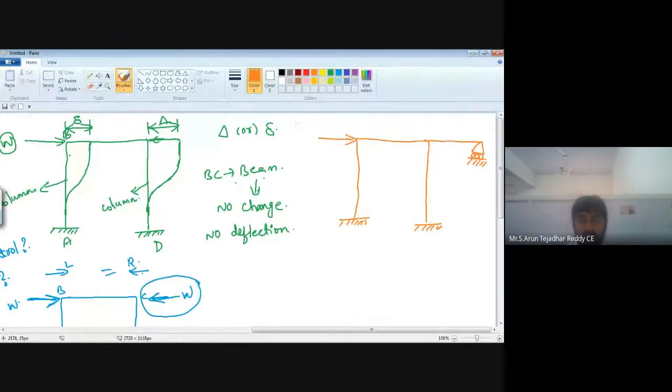For the roller support, this is the first example, and the same roller support, second example.